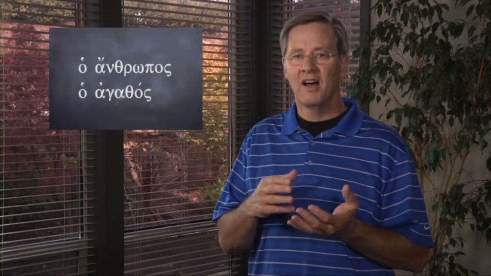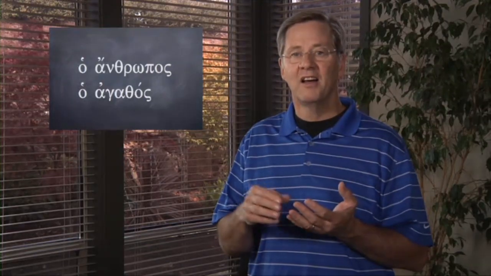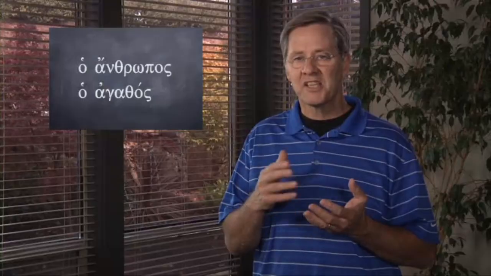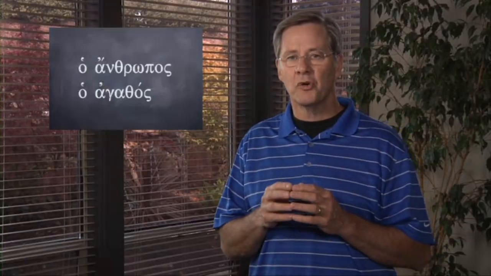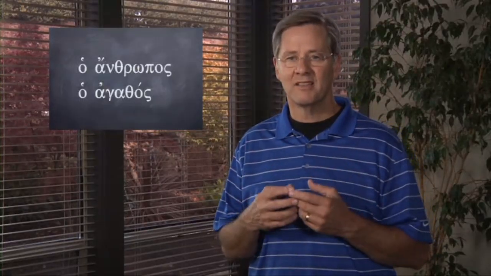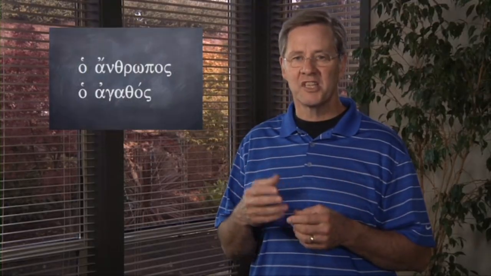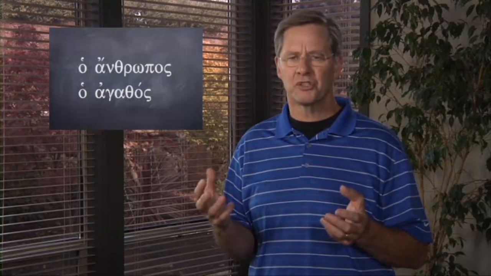There is a second attributive position, and it is article, noun, article, modifier. So if you came across ho anthropos ho agathos, the man, the good, that second article actually has no translatable meaning. This is one of the problems people have when they look at interlinears and see articles that aren't translated. They say, you should translate all the words.